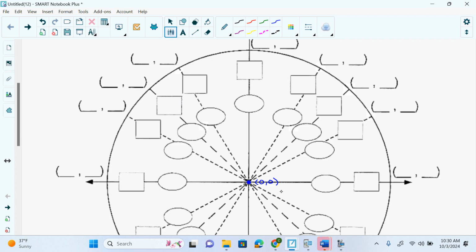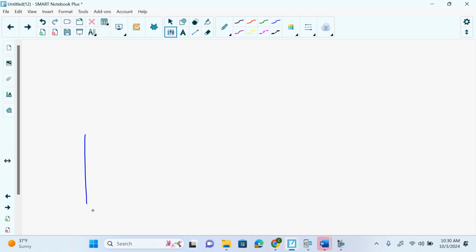So what this is, if I take a piece of graph paper and I zoom in on the 4 first boxes, this would be your y-axis, this would be your x-axis, this would be 1, this would be 1, this would be negative 1, this would be negative 1, correct?